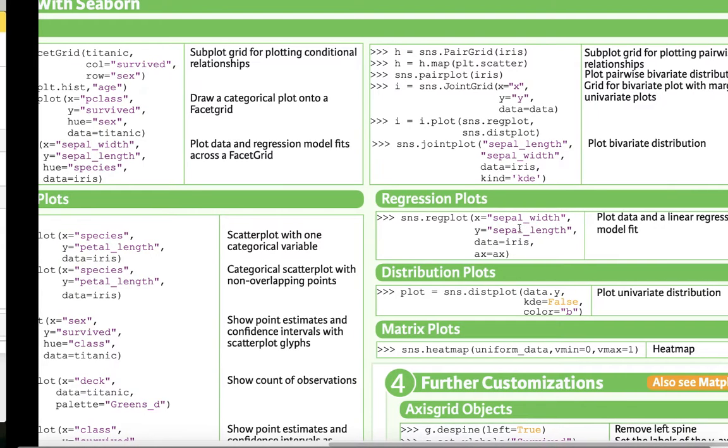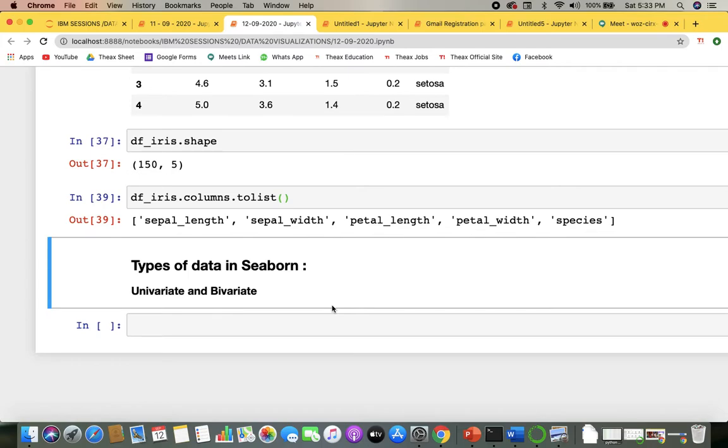We'll be looking at those. So the very first thing is the distribution plot, which is called univariate plotting. That is the very first thing, and we even call it a histogram.